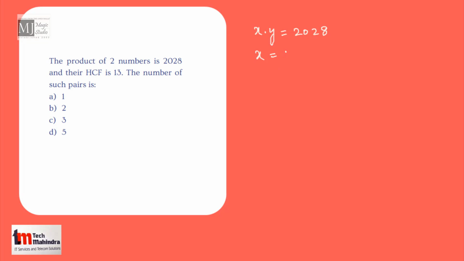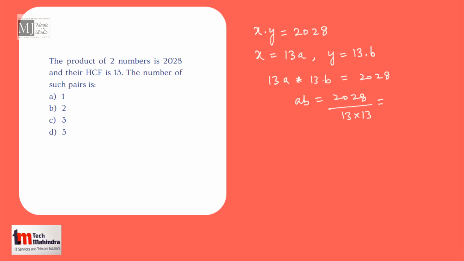So let me have x equal to 13a and y equal to 13b. Then the number of such pairs, product is given, so 13a into 13b is 2028. So a into b is 2028 by 13 into 13. That will give me what?